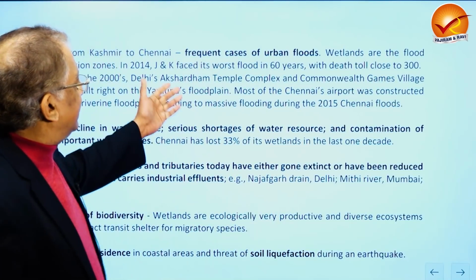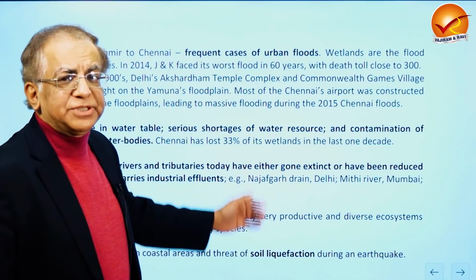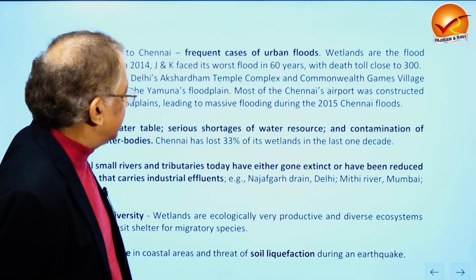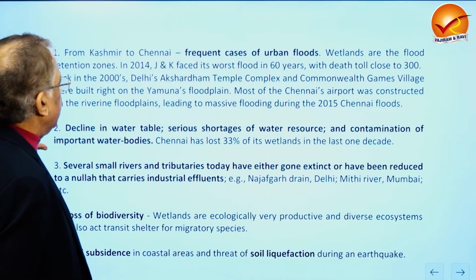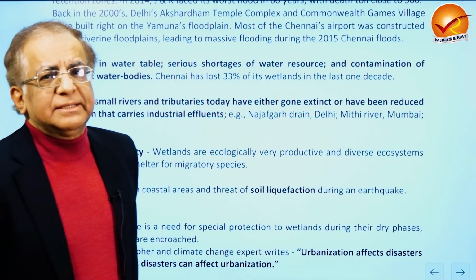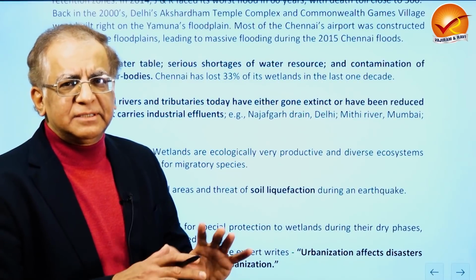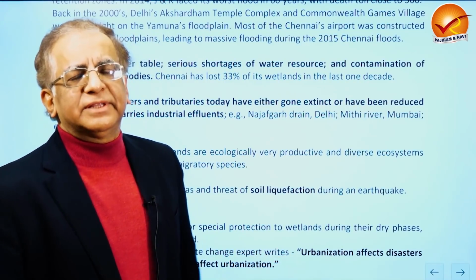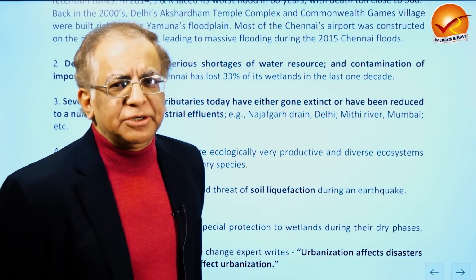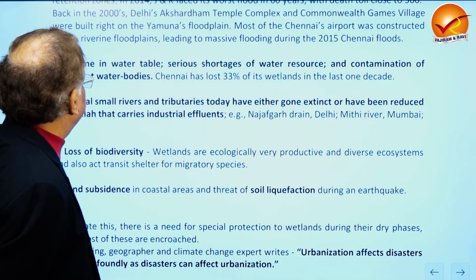And that is the reason that there have been floods of this scale from Kashmir to Chennai in the last 10 to 15 years. If you talk about Chennai's airport also, many of its parts are over the floodplains of a river. So that itself makes it more vulnerable for the future.